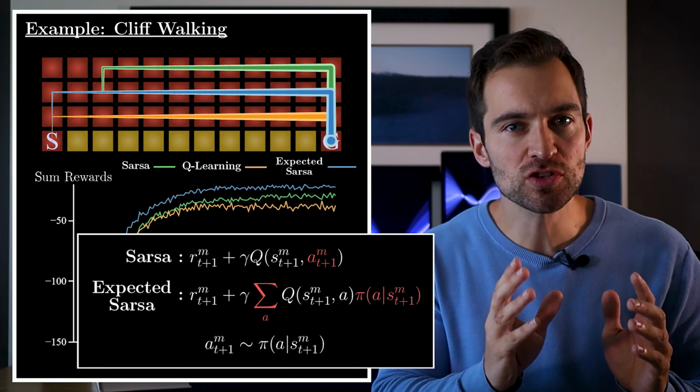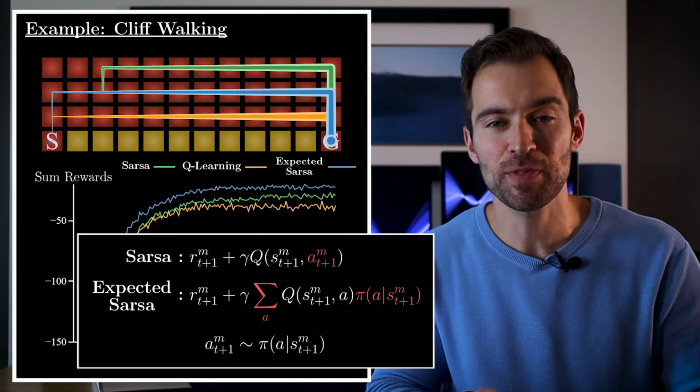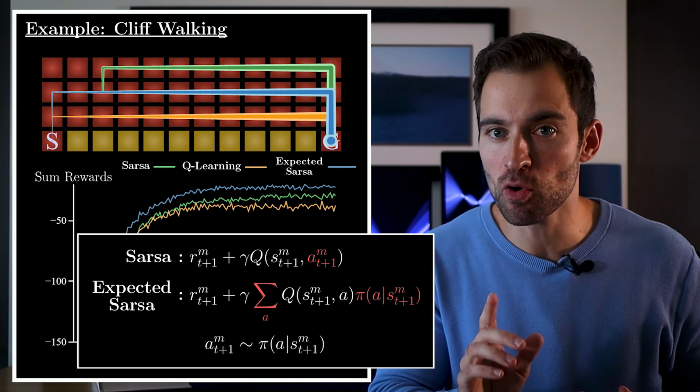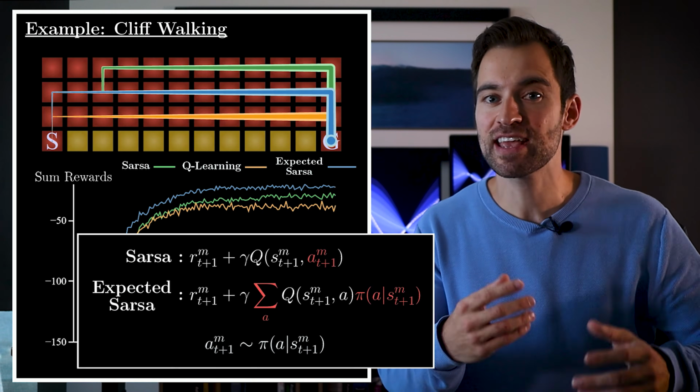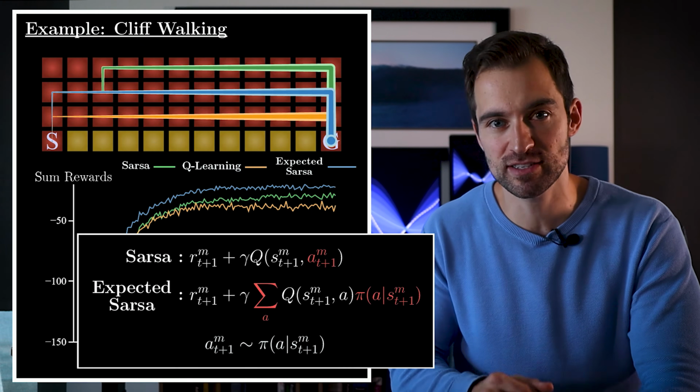In other words, what Sarsa does with sampling, expected Sarsa does with an expected value, and that eliminates one source of sampling error, and makes the updates more accurate. Though it should be noted, the calculation of the target is more expensive for expected Sarsa since it involves a weighted sum.